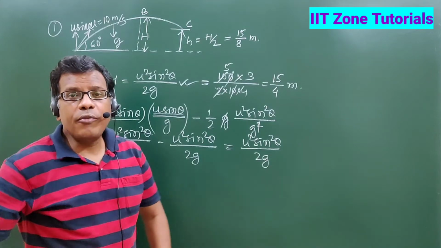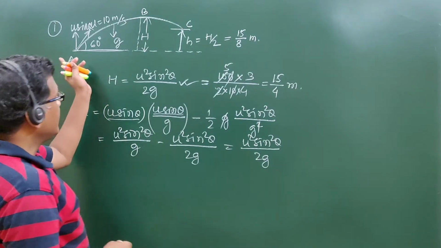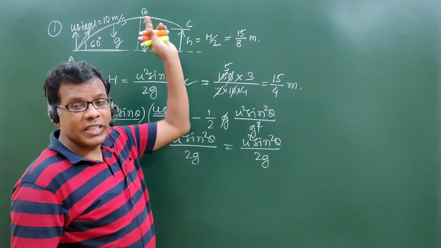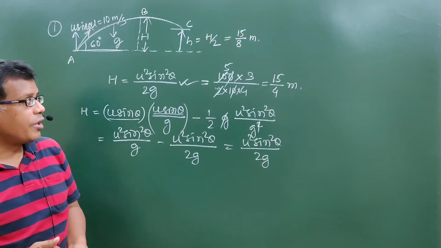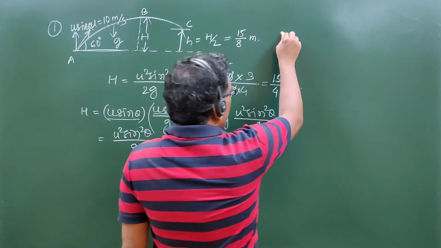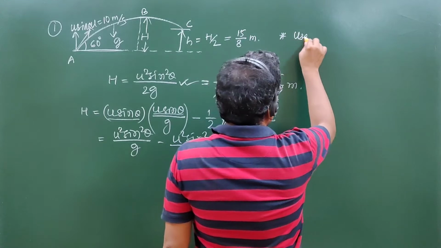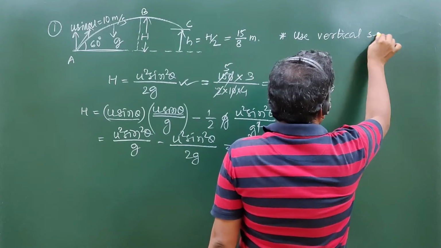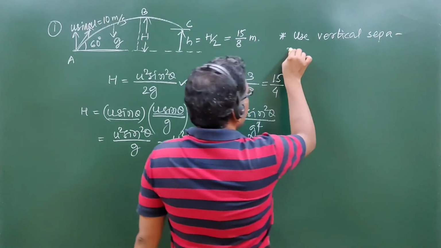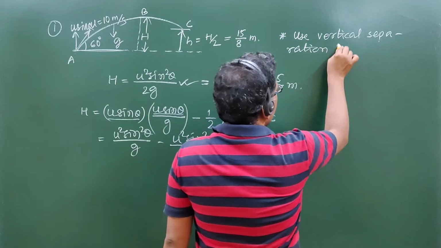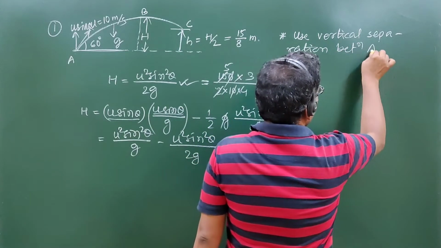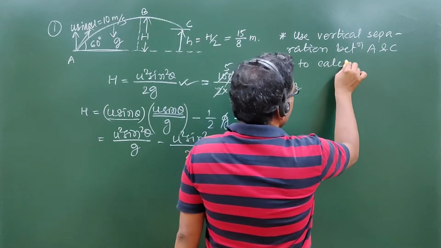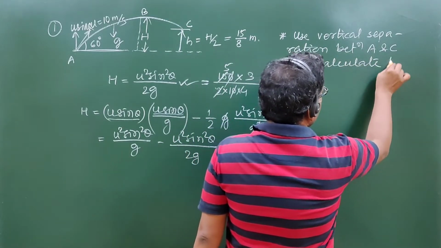So now if we are asked to calculate the time of journey from A to C, C being the position in the descending half of the motion, then what we should do, importantly, use vertical separation between A and C to calculate TAC.